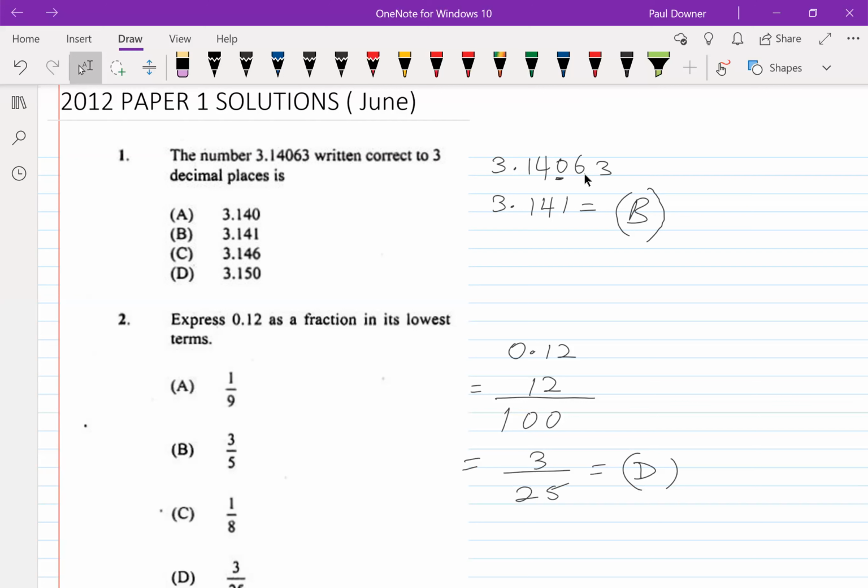So this 0 has to increase by 1, so it goes to 1 here. The answer to 3 decimal places would be 3.141, and that is option B. They normally start off pretty easy, so we can get an easy mark. So the answer there is 3.141.